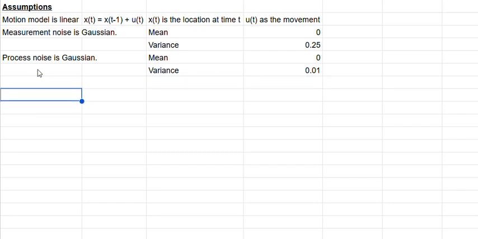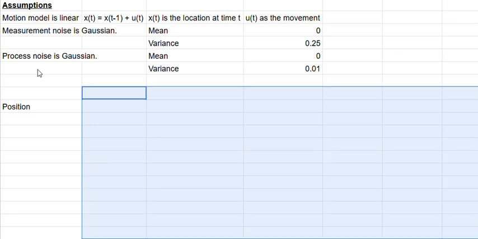Now we want to get to know the position, and we want to keep updating the position. Let's say initially you are at x naught.